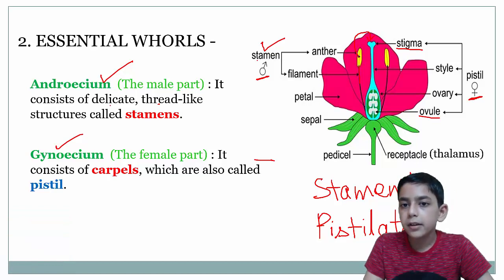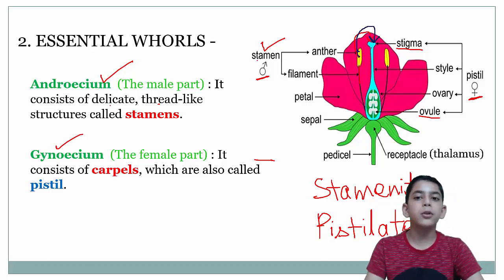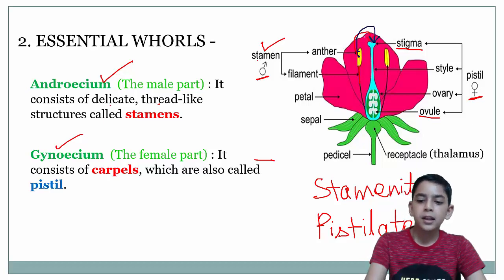The pollen grains from here will reach here. This process, the movement or transfer of pollen grains from the anther to the stigma of the flower, or the pistil of the flower, is known as pollination. This further helps in fertilization and the production of seeds.